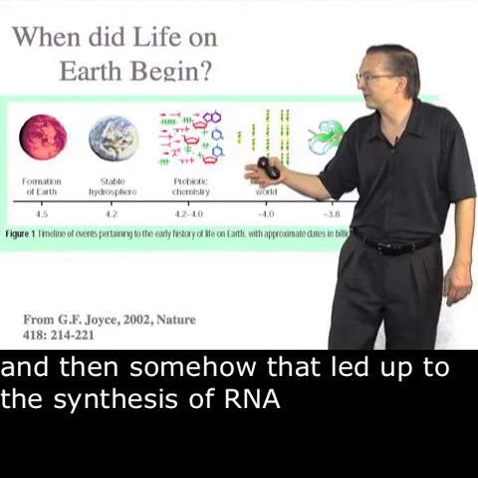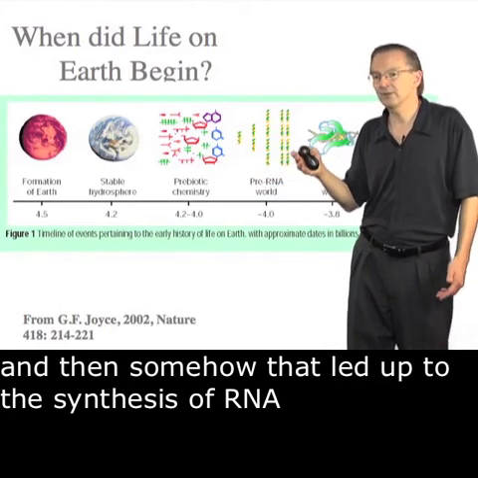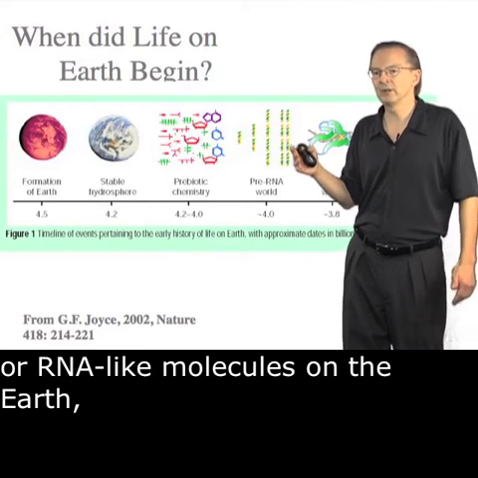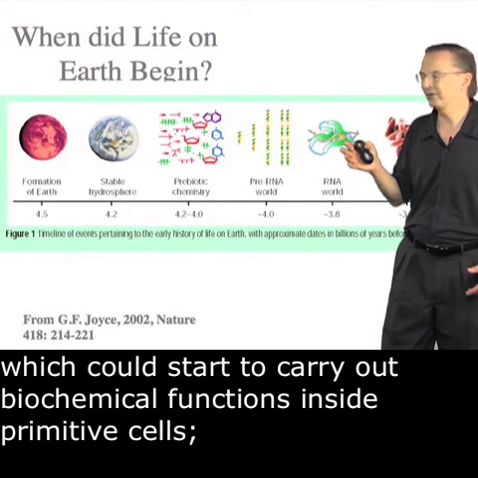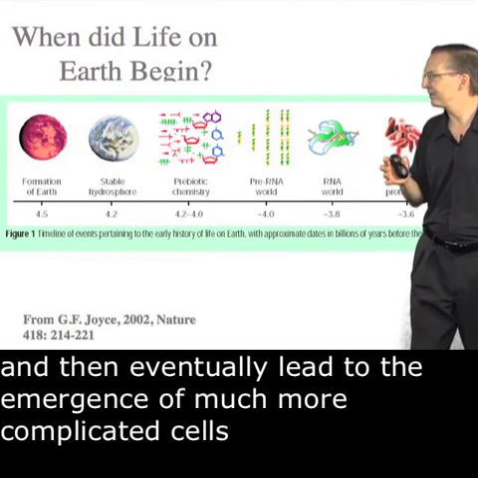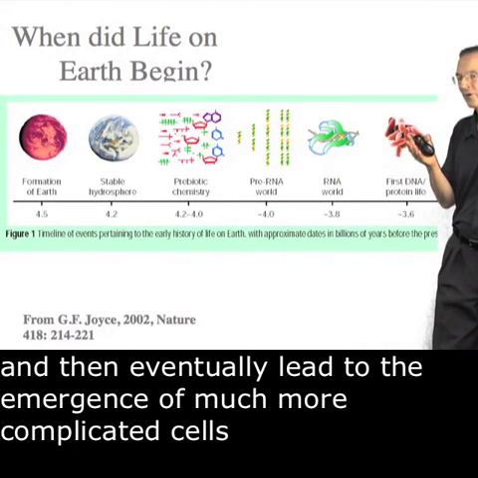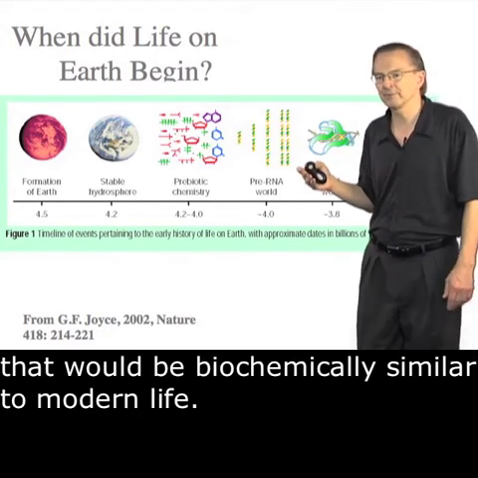And then somehow that led up to the synthesis of RNA or RNA-like molecules on the Earth, which could start to carry out biochemical functions inside primitive cells, and then eventually lead to the emergence of much more complicated cells that would be biochemically similar to modern life.